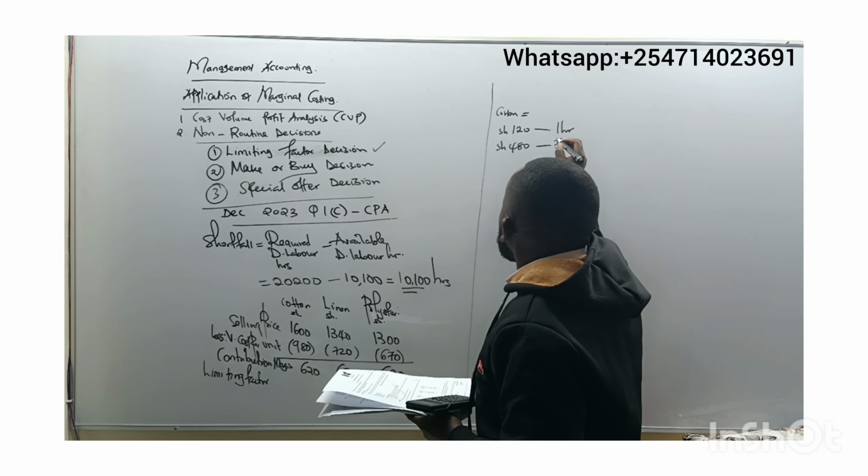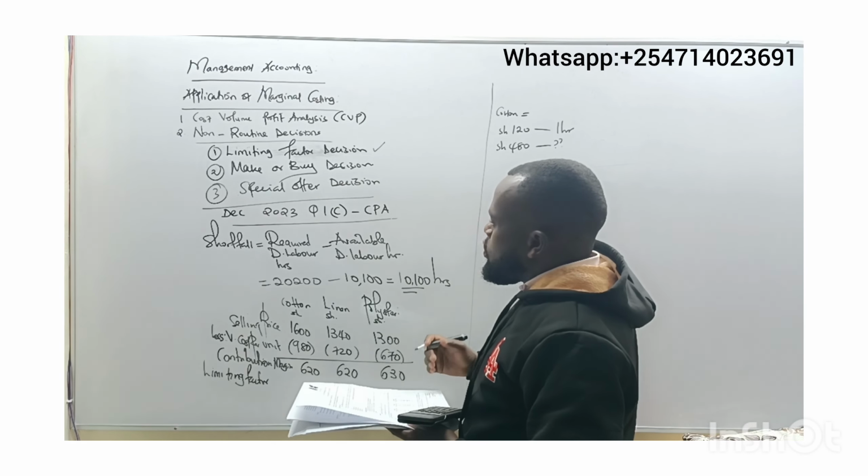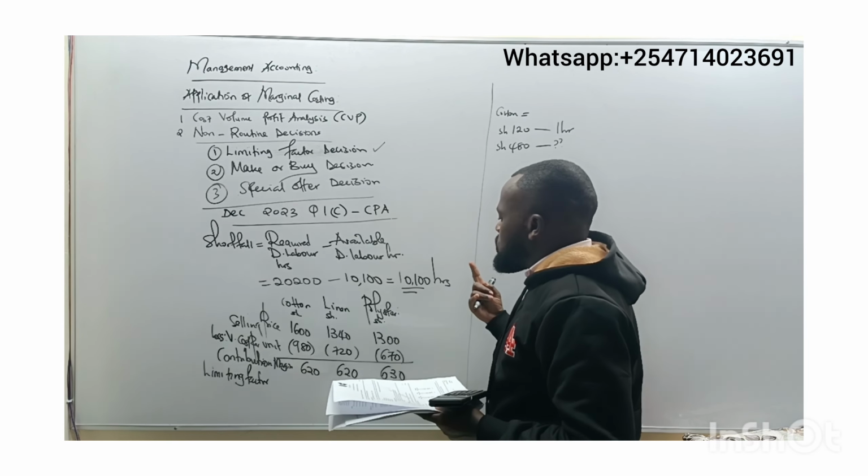So how many direct labor hours do we need to work to get 1 unit of cotton?